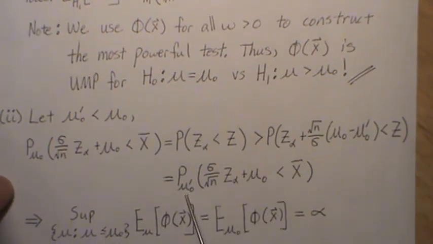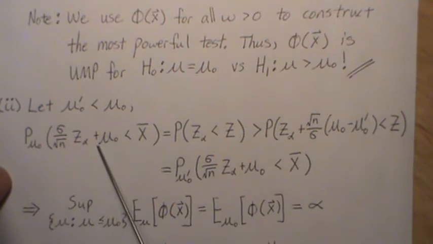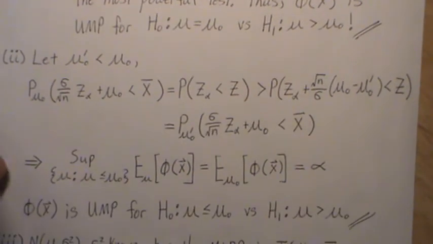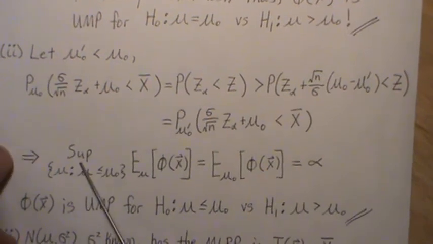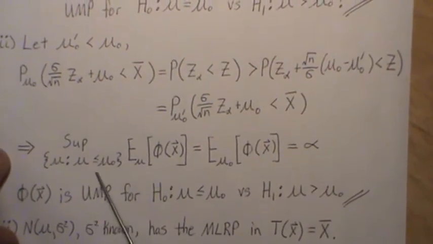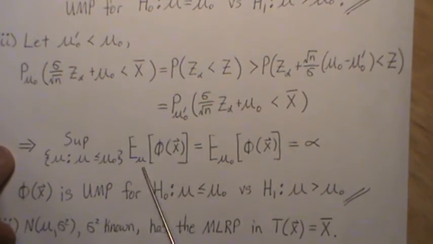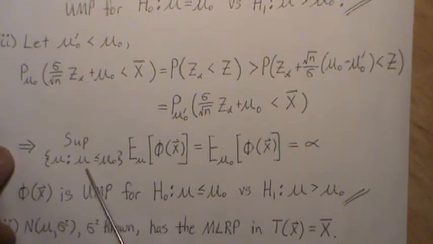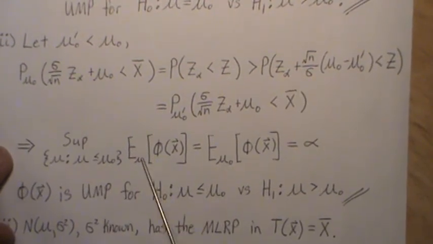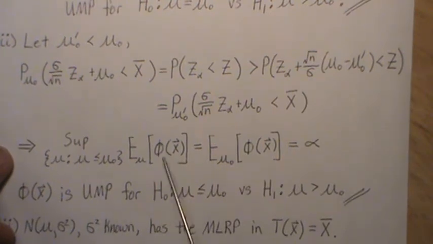But look, this is under the assumption that for any mu naught prime, this value is less than this, which is equal to alpha. So that's telling me that the supremum over all mu such that mu is less than mu naught, of the expected value of our test function for all mu less than mu naught, is smaller.